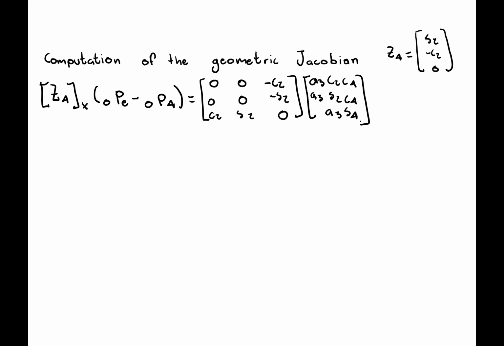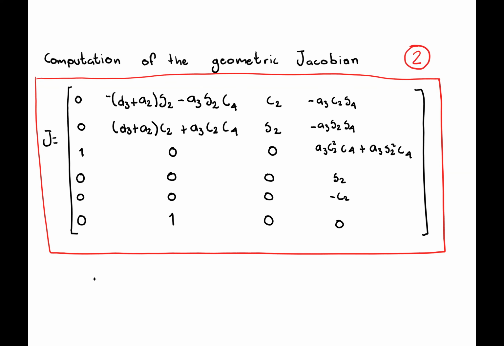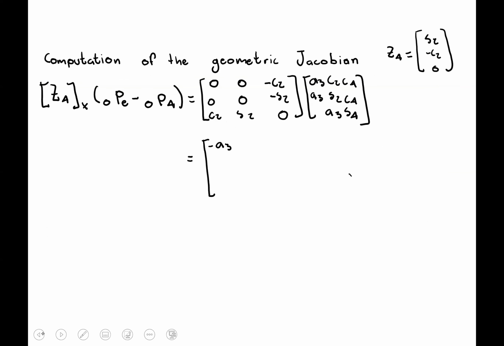Then the product of this, if we just do the matrix multiplication, we get minus A3 cosine 2 sine 4, minus A3 sine 2 sine 4, and then A3 cosine 2 squared cosine 4 plus A3 sine 2 squared cosine 4.